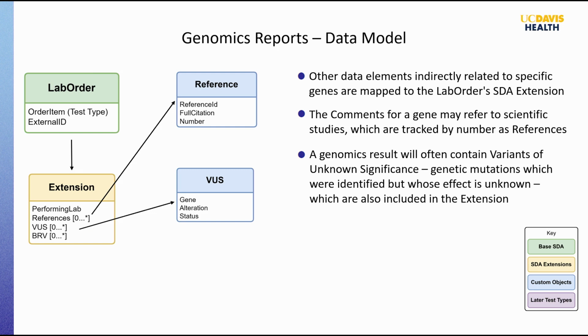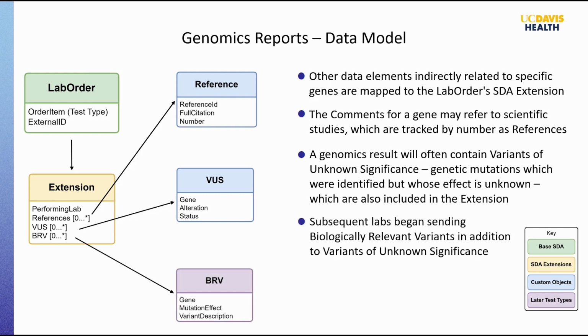These are genetic mutations that were identified, but the effects are unknown. And then we have the variants, we have the biologically relevant variants in addition to the variants of known significance. So this came later. You'll notice that that is in purple.